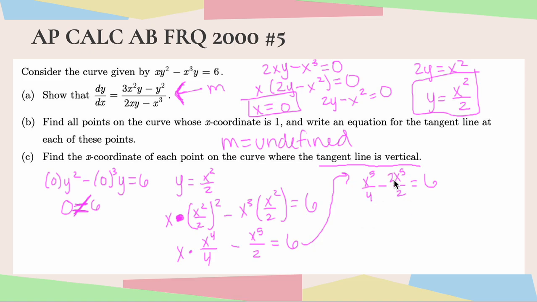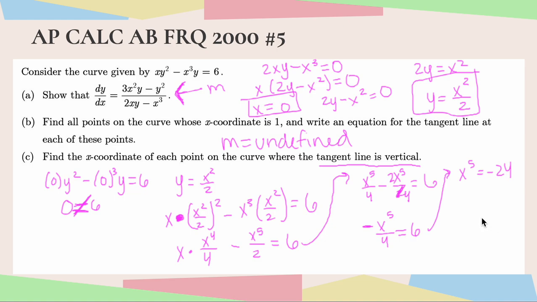I'm going to multiply numerator and denominator by 2. So I'm going to get 2x to the 5th over 4. Now subtracting x to the 5th minus 2x to the 5th gives me negative x to the 5th over 4 equals 6. Now multiplying both sides by negative 4, I get x to the 5th equals negative 24.